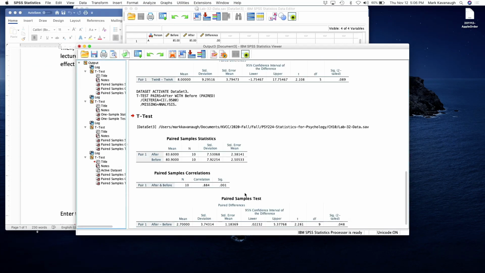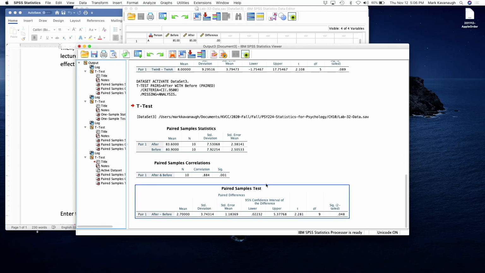And right here, this last paired samples test, we have a T of 2.281, a degrees of freedom of 9, and 0.048. Yay! Yay for lectures. This is less than 0.05, so therefore it's significant to the 0.05 level of confidence.